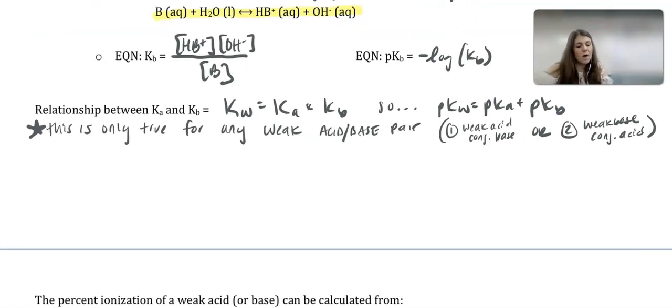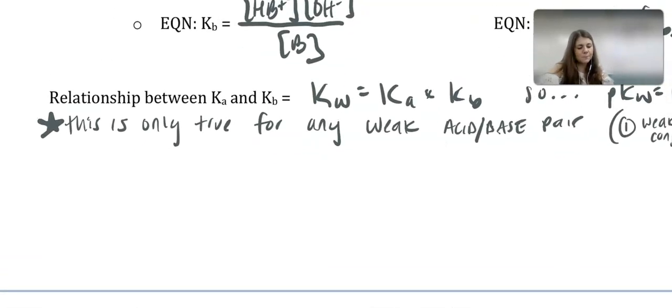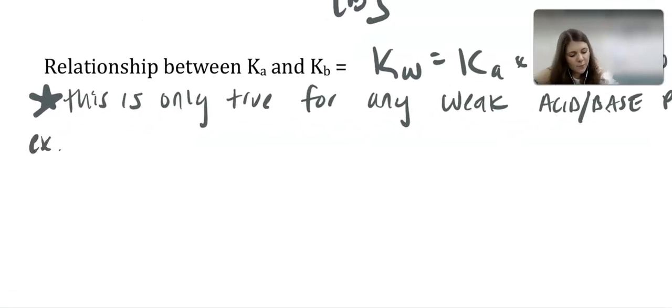Make sure you leave enough room because I'm going to show you what this is going to look like, okay? I'm going to do my example based off HCN. HCN is going to be an acid because that hydrogen's found in front. It's going to be weak because it's not one of the 6.